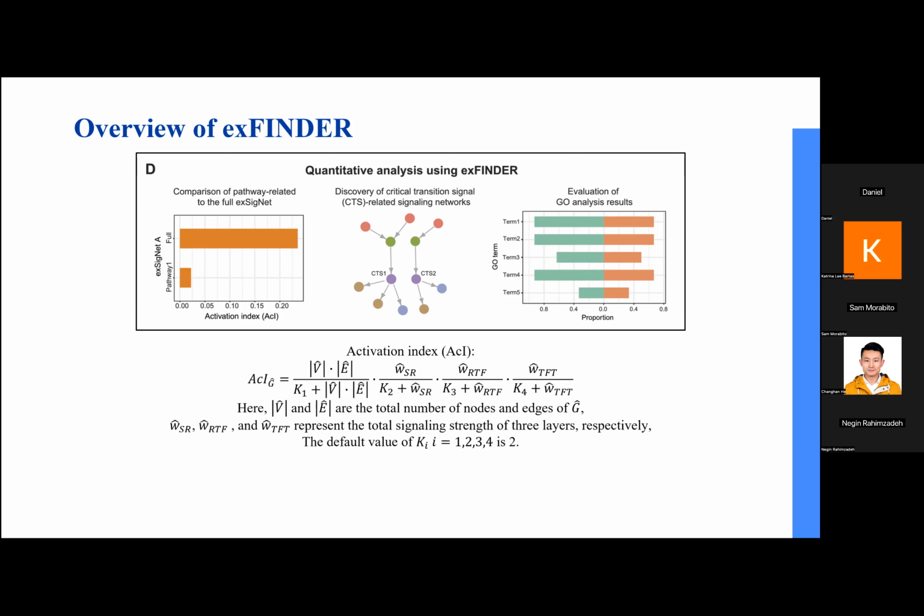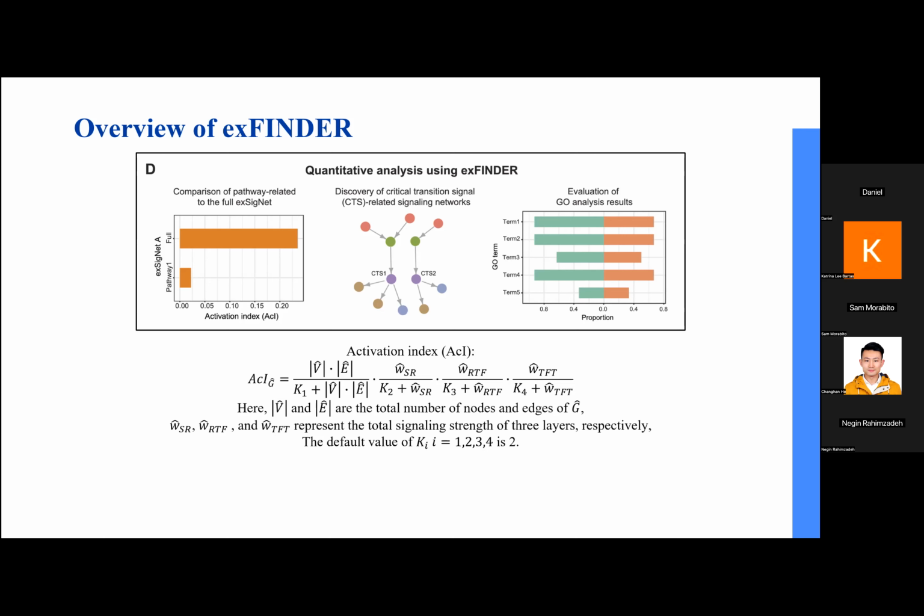So this activation index enables exFINDER to compare 2 different exSIGNets, so 2 different networks, and to compare these activation levels. And then also in the middle panel, this is how we connect exFINDER to the BioTIP method.